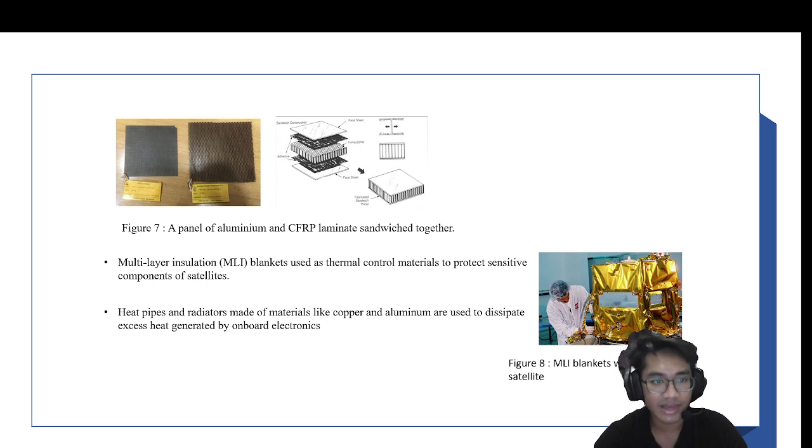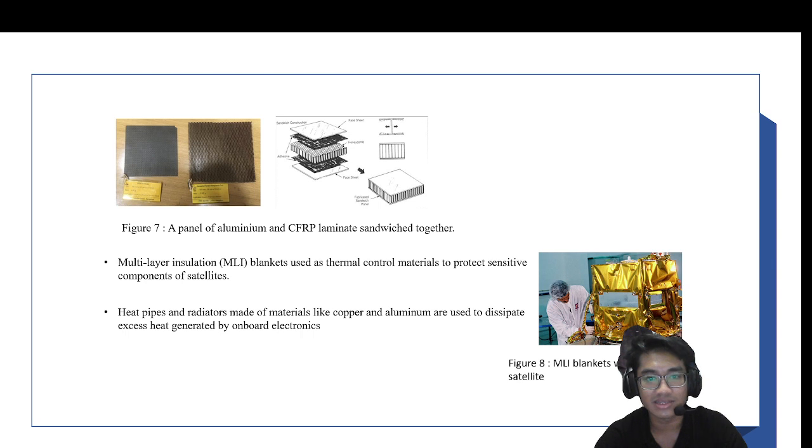Here's an example of the panel of aluminium and CFRP laminate sandwiched together, as you can see in figure 7.